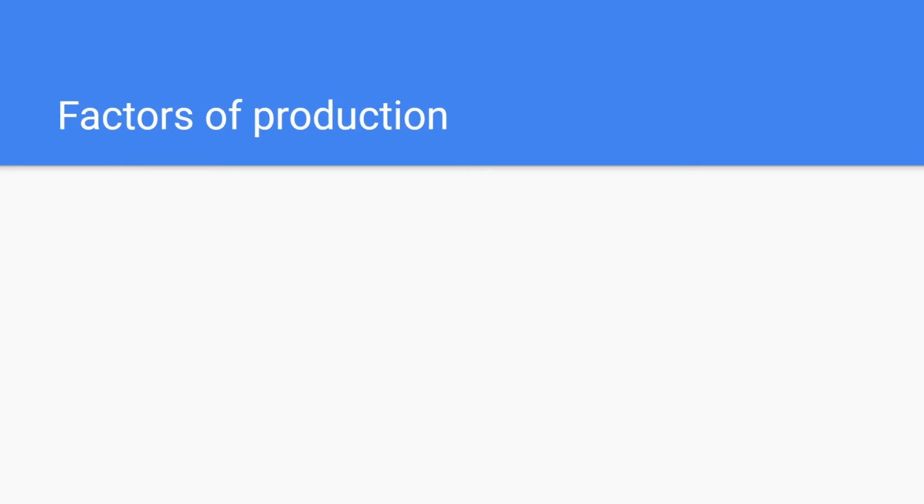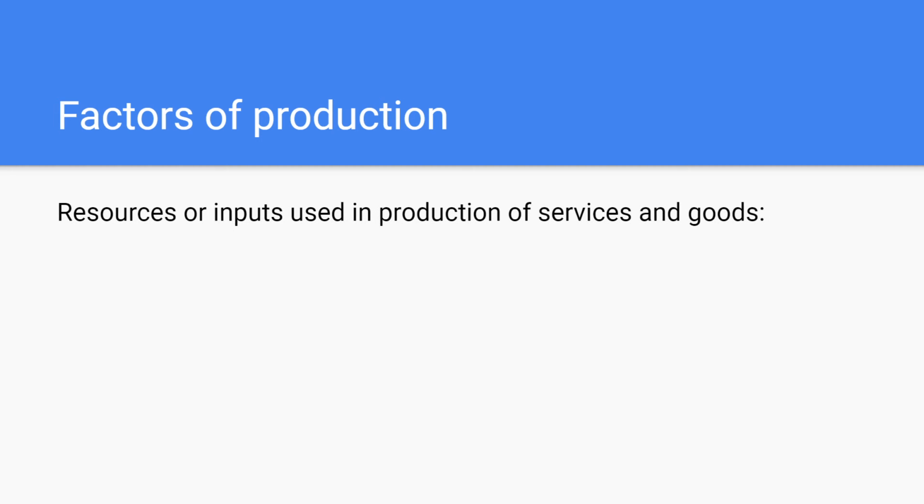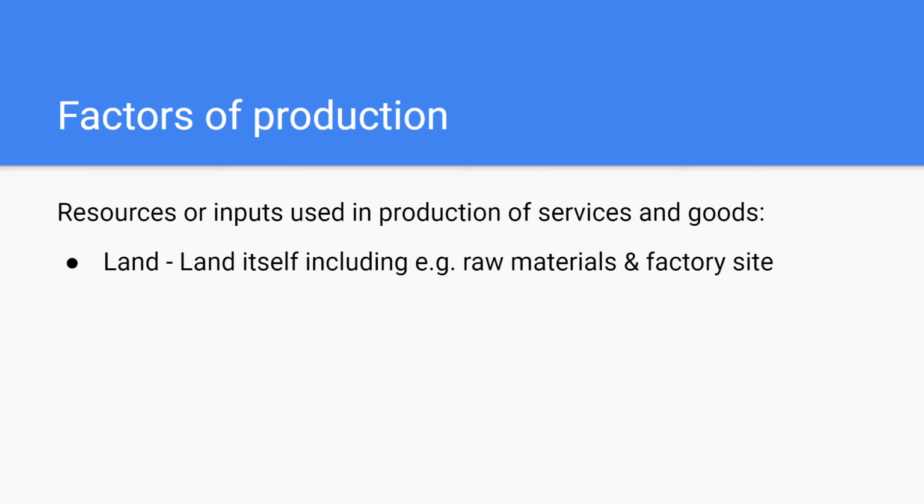Then we go on to the factors of production. Basically, the factors of production refer to the resources or inputs used in production of services and goods. Those are all the resources that a business needs to produce the good or the service that they want to give the customer. The first factor is probably the easiest one. It's land itself.